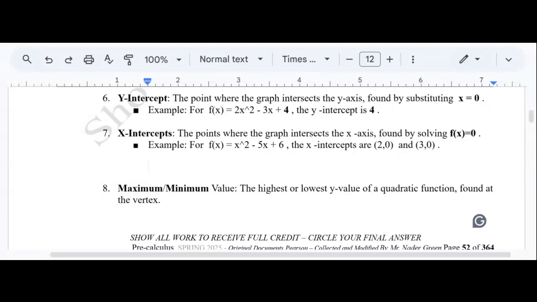So what's your first point? 2 and 0. The other one is what? x equals 3. So what's your point? 3 and 0. I told you, you don't know. So you have to do factoring.